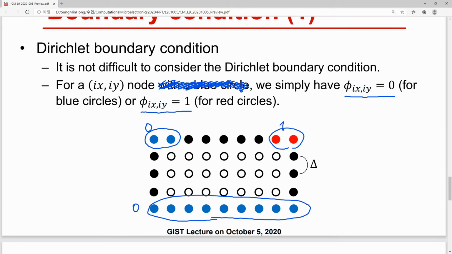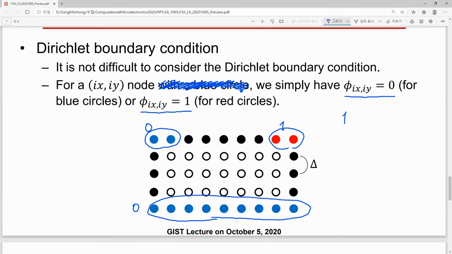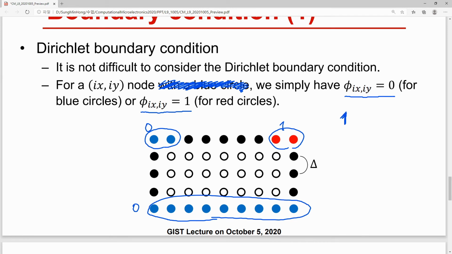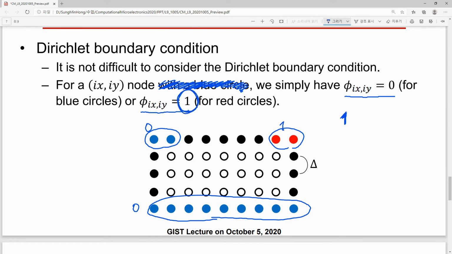Then when you make your Jacobian matrix, you will have just the number 1 for the certain diagonal component, and that's it for your Jacobian matrix. And in the case of the red circle, you still have the number 1 in the Jacobian matrix, and for the residue vector, of course, you have a certain non-zero term corresponding to unity here.